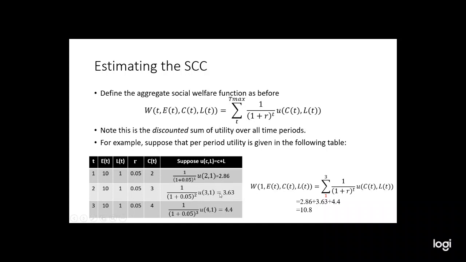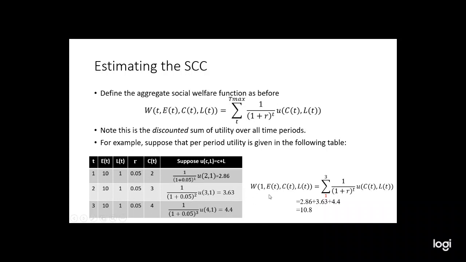The second time period, the utility is going to be 3 plus 1, consumption plus labor, which is 4, discounting 1 over 1 plus 0.05 squared. That's going to give us a value of 3.63. In the third period, the utility is going to be C plus L, which is 4 plus 1. So the utility is equal to 5. And discounted to the third time period, that's going to result in a utility of 4.4.